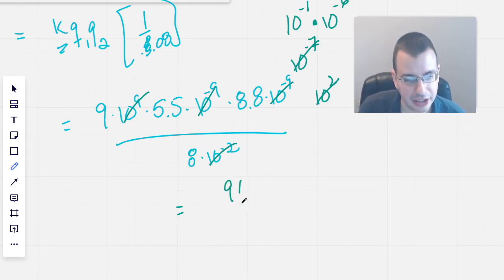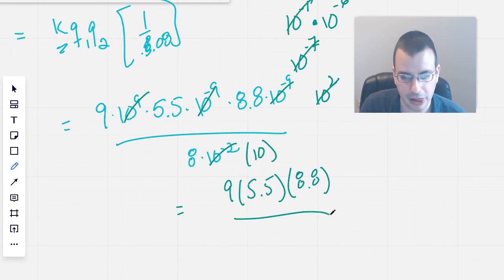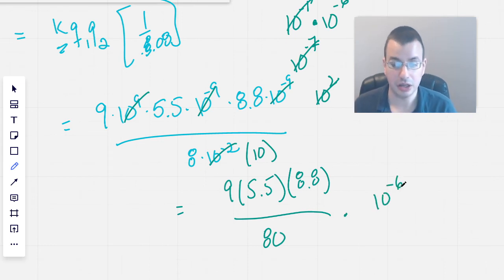So we'll do 9 times 5.5 times 8.8 all over, and this 10 to the negative 1 will be like 10 on the bottom, so over 80, times 10 to the negative 6 over here.